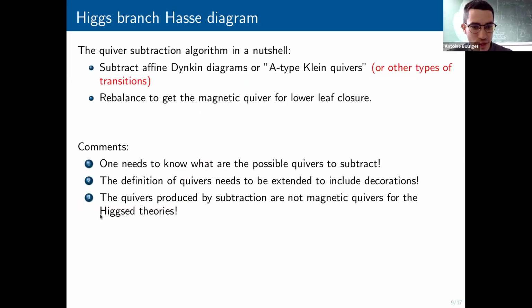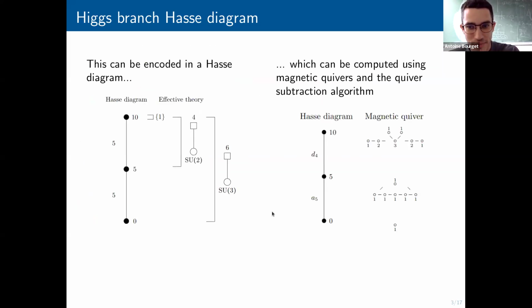And the third comment is that the quivers that you produce with this algorithm are not the magnetic quivers for the Higgs theories. And this, I already mentioned at the beginning, sorry, I will go back to the beginning here. The quivers that you get are the quivers for the transverse slices, as shown by these brackets.